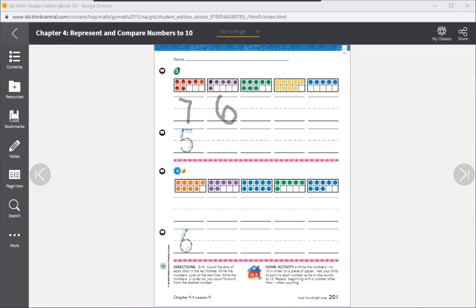Count them as I touch them. Here we go. 1, 2, 3, 4, 5, 6, 7. Oh, let's count them again. 1, 2, 3, 4, 5, 6, 7, 8.